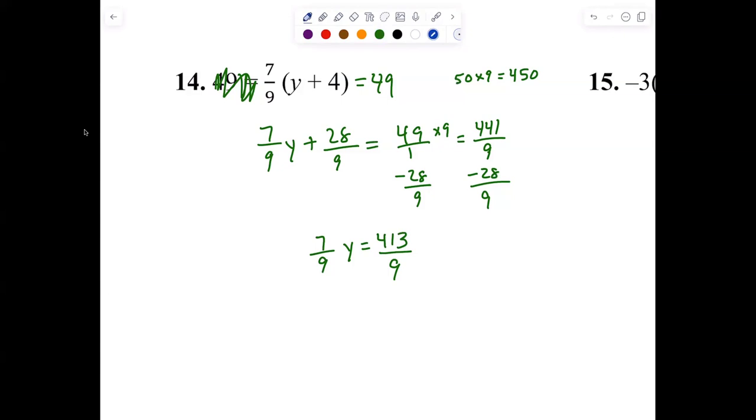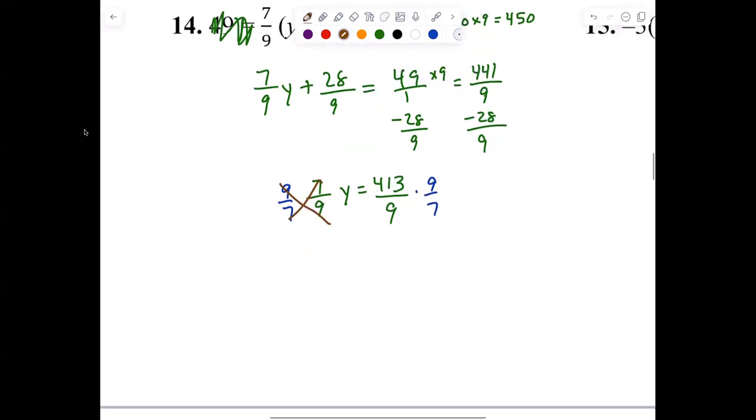Multiply by what's the reciprocal? 9/7. What happens to the nines? And so, yeah, and that probably goes evenly. So how many times does 7 go into 41? 5.